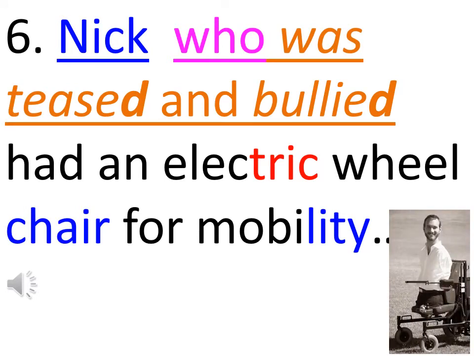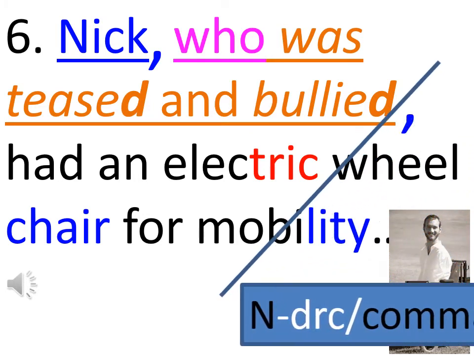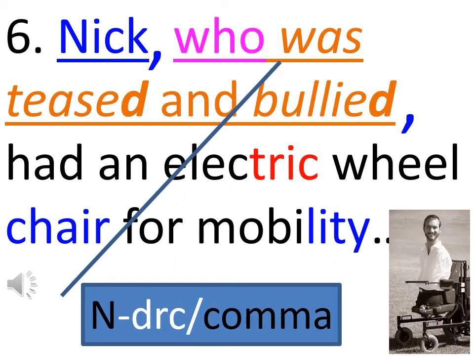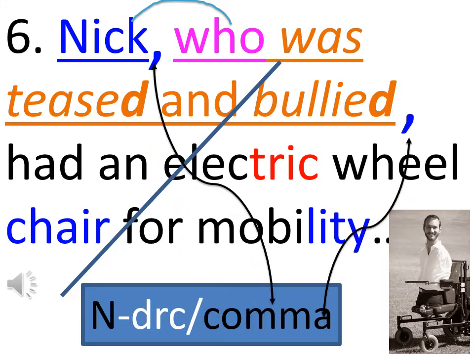Nick, who was teased and bullied, had an electric wheelchair for mobility. Non-defining relative clause. Noun and relative pronoun. Comma. Comma.